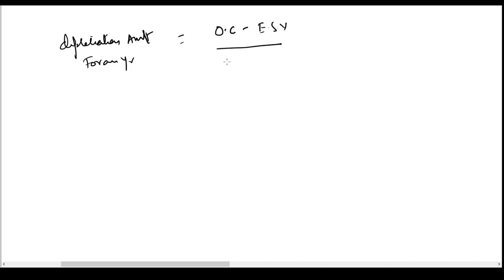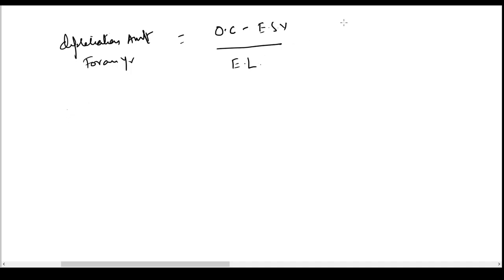So ultimately I end up using a formula for calculating the amount of depreciation. The formula is: depreciation amount for a year equals original cost minus estimated scrap value, divided by estimated life.